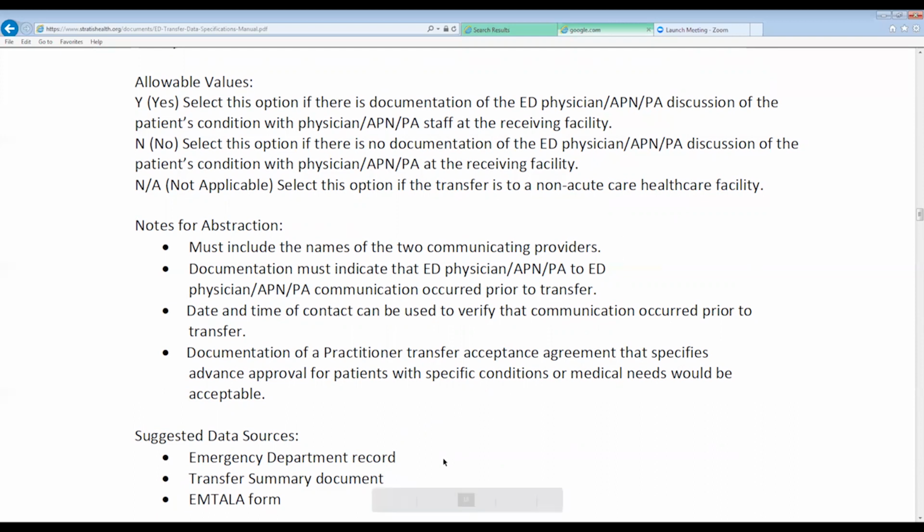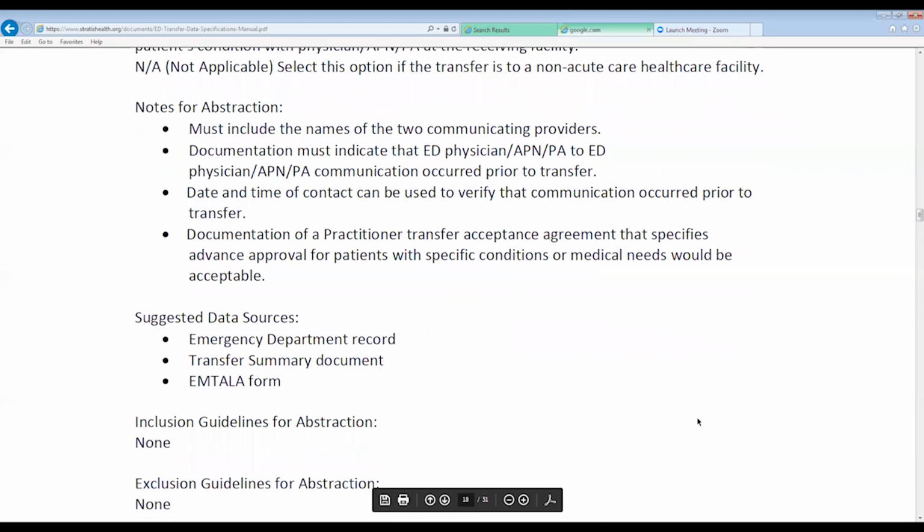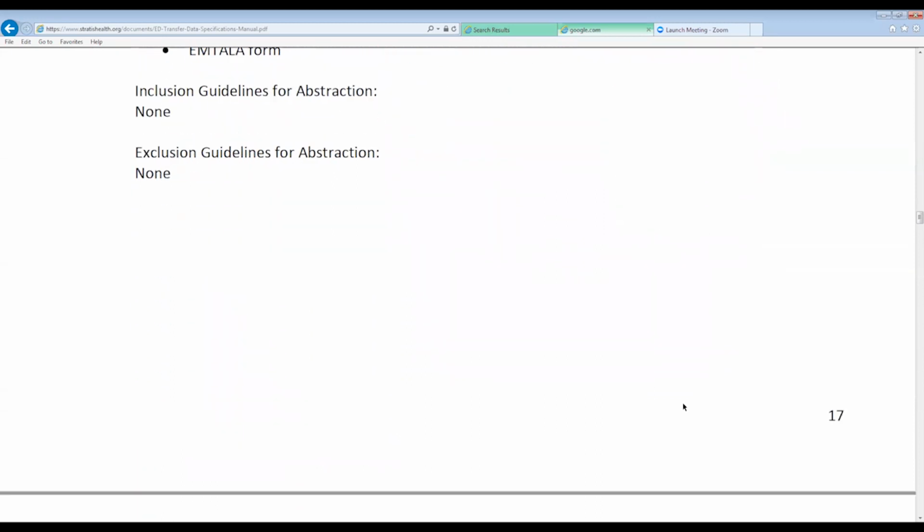But if you have to look at maybe some transfer summary or some other form that says the labs were sent, or the physician note was sent, that's okay. It isn't like this has to all be on one specific document. Your whole ED department record is the source for this. Okay, so that's what we're looking for in that one.